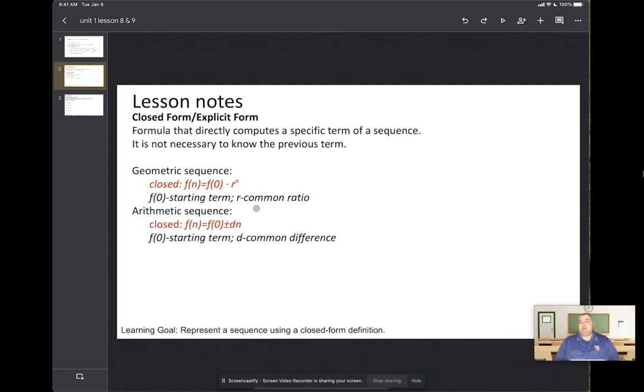So that's the number that you're multiplying by every time. And then for an arithmetic sequence, again, we have f of 0. And then we have d for common difference. That's the number that you're adding or subtracting each time. So with that in mind, let's go ahead and take a look at the examples here.